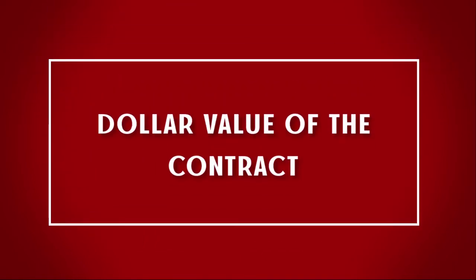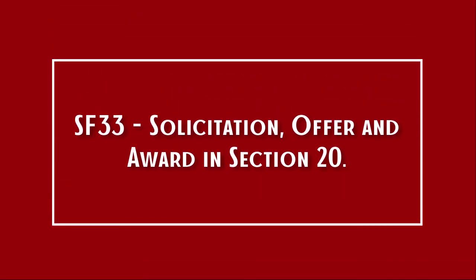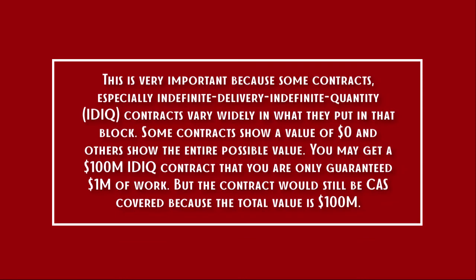Once you have narrowed down your universe of possible CAS-covered contracts by excluding exempt contracts, the next consideration is the dollar value of the contract. This is the dollar value shown on your SF-33, Solicitation, Offer, and Award, in Section 20. This is very important because some contracts, especially indefinite delivery, indefinite quantity, IDIQ contracts, vary widely in what they put in that block.